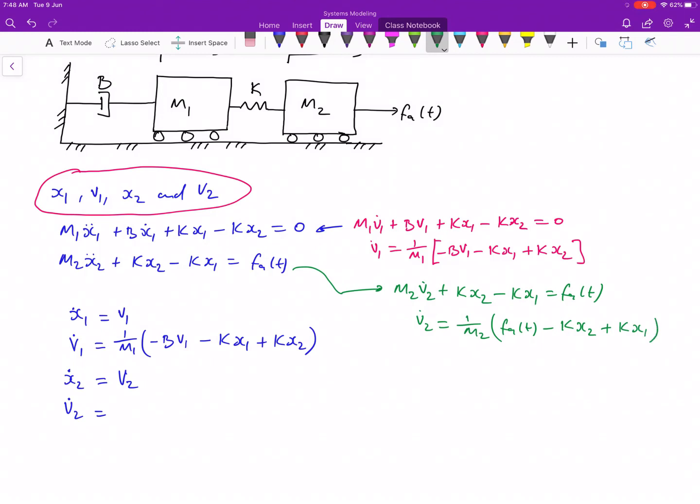Okay, so I'm going to bring this here to rewrite it. So we have 1 over m2 times our applied force minus kx2 plus kx1. Okay, now we are ready to write our state equation down in matrix form.